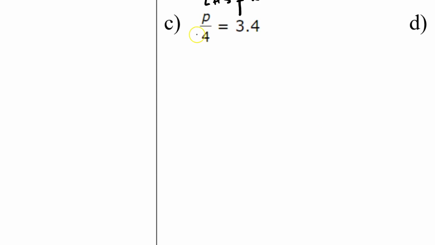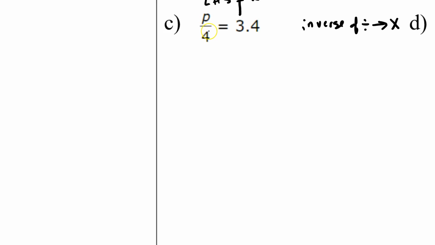Okay, so what we have here is division. P divided by 4 equals 3.4. The inverse of division is, what is it now? Yes, it's multiplication. So what we need to do is we need to multiply both sides by what it is divided by.